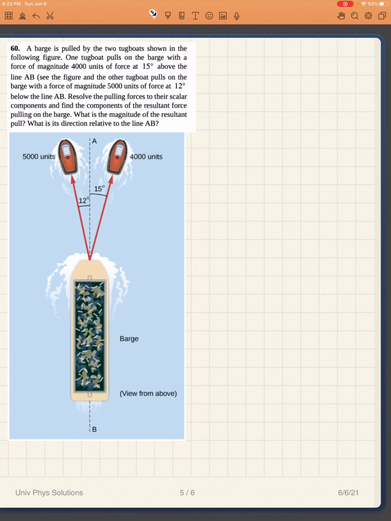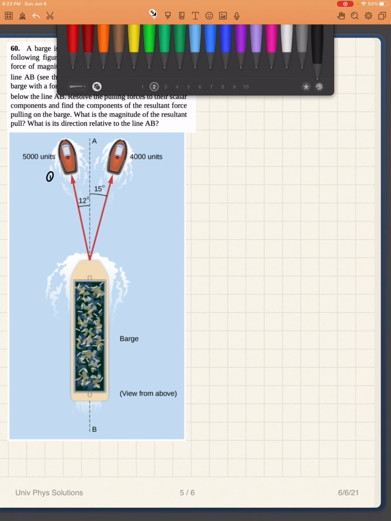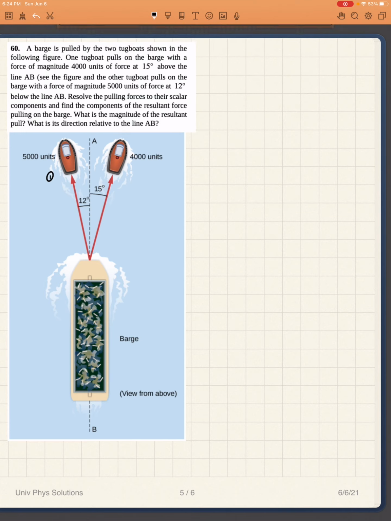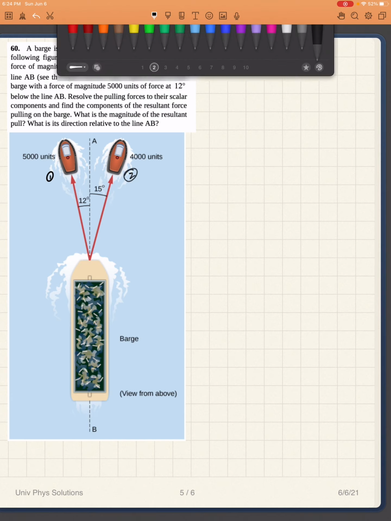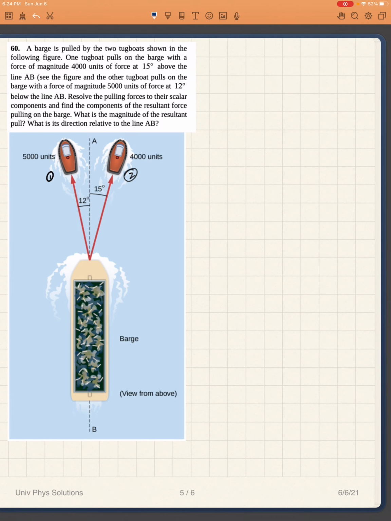Alright, so I will call this boat 1 and this is boat 2. What's important to remember here is that we're going to decompose each vector into its y and x components.